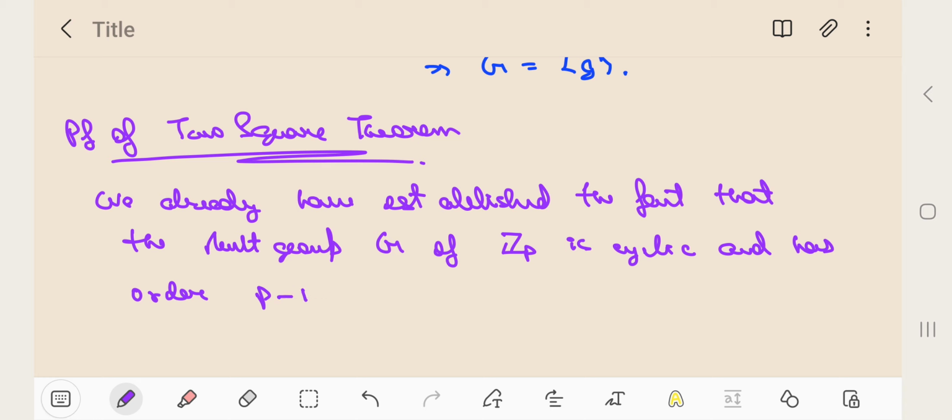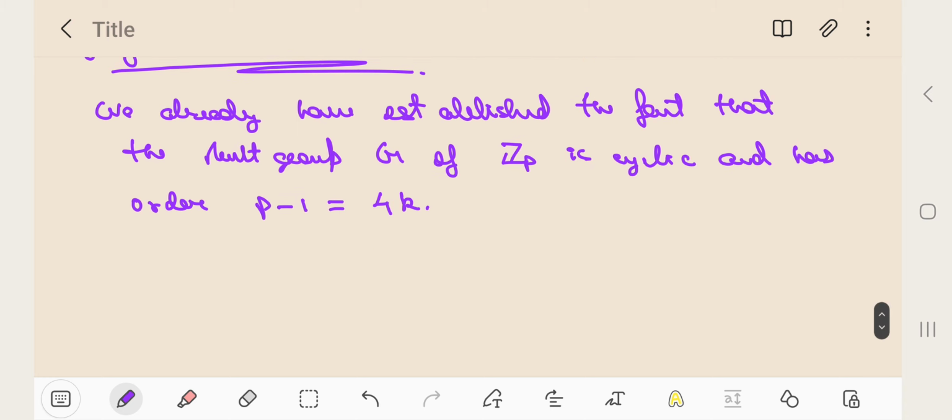But provided you start with a prime number p, if you subtract 1 from that prime number, then that will surely be a multiple of 4. Therefore, it contains an element u of order 4.